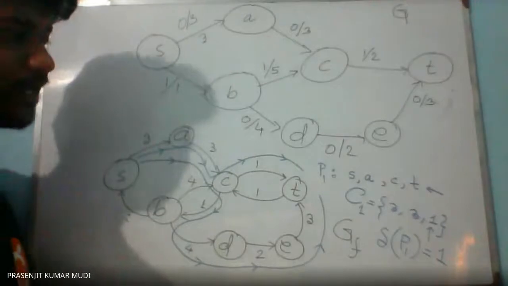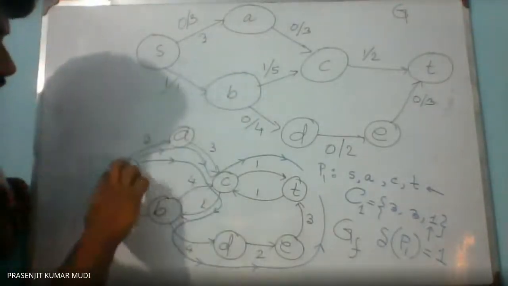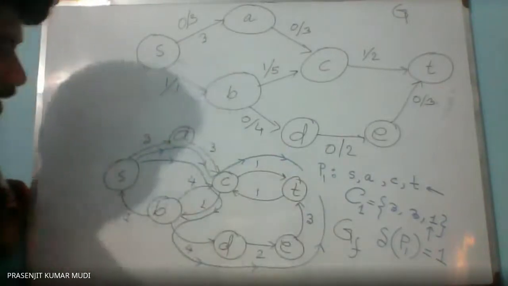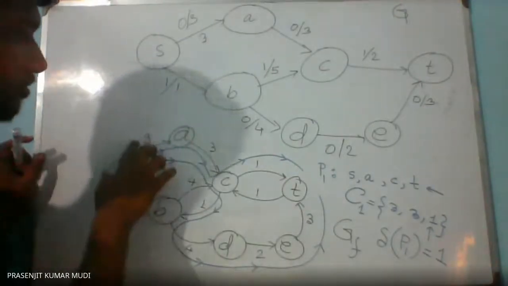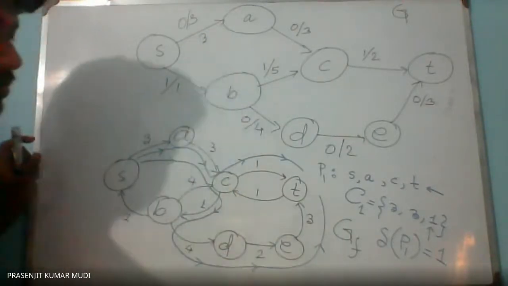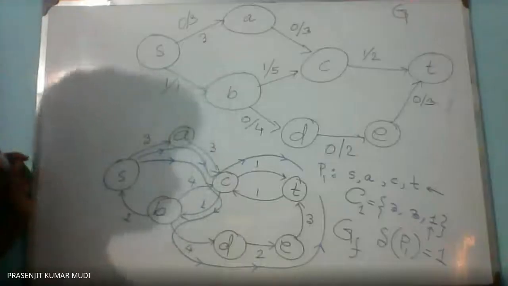Similarly, if you try to find the minimum capacity along the other path P2, which is S, A, C, B, D, E, and T, here you can find 3, 3, 1, 4, 2, 3, out of which the minimum is 1. Delta P2 is equal to 1.